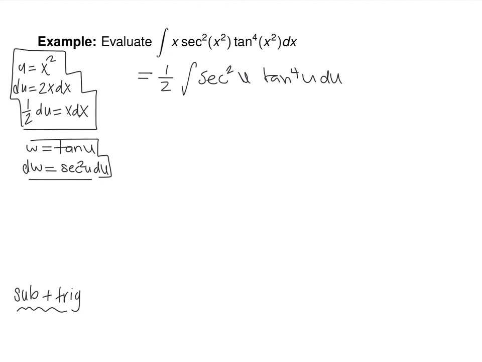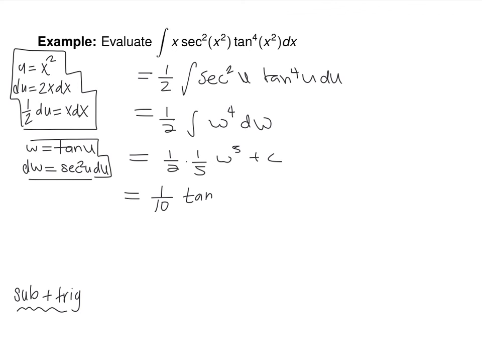So making that substitution, we get 1/2 times the integral of w to the 4th. So anti-differentiating, we have 1/2 times 1/5 w to the 5th plus c. And first we insert w, which is tangent of u, so 1/10 tangent to the 5th u plus c, and then you insert the u, 1/10 tan to the 5th of x squared plus c.